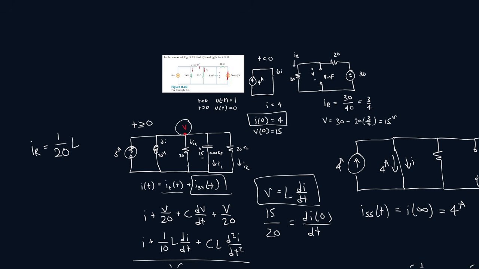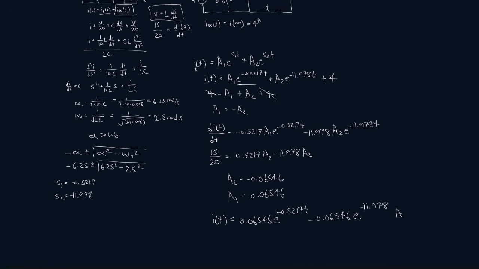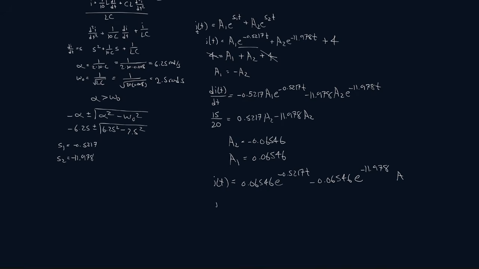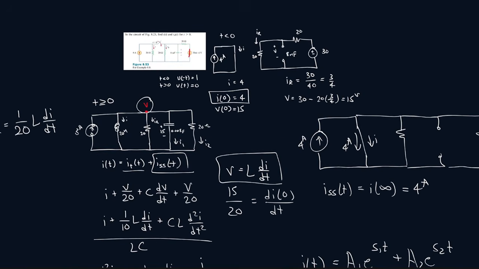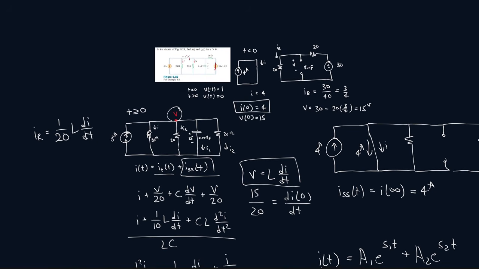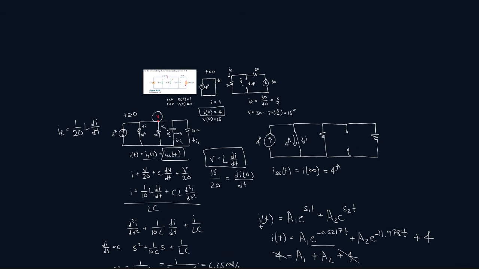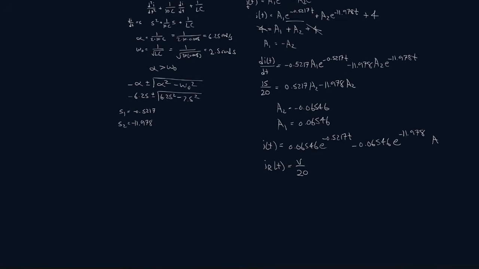So I_R of t is going to be equal to V over 20. And V is going to be 15. Wait, sorry, not 15, my bad.